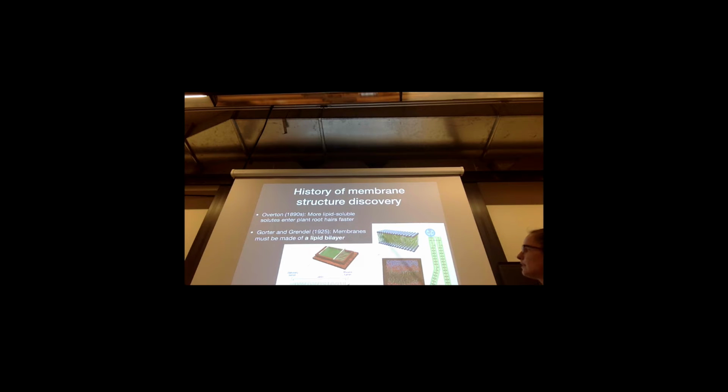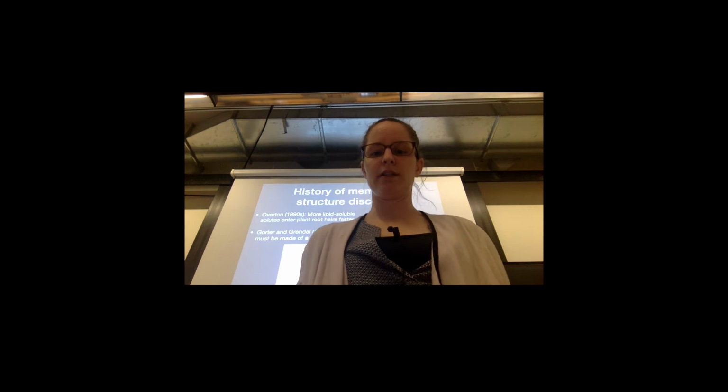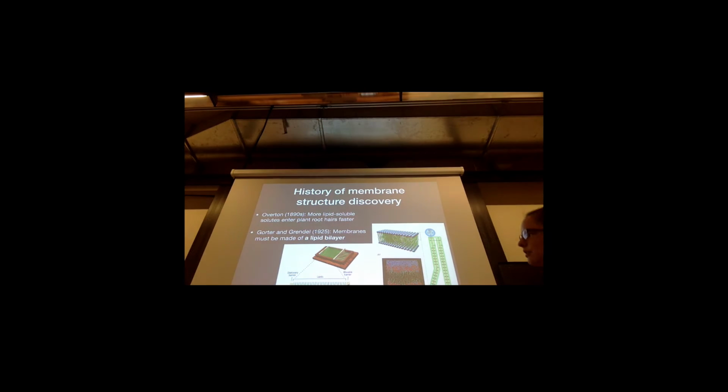Then a little bit later, at the beginning of the 20th century, there was a very cool experiment. These guys, from the Netherlands, crushed together red blood cells, and then measured on a device like this how much surface the extract covered compared to what they measured as the surface of a red blood cell.